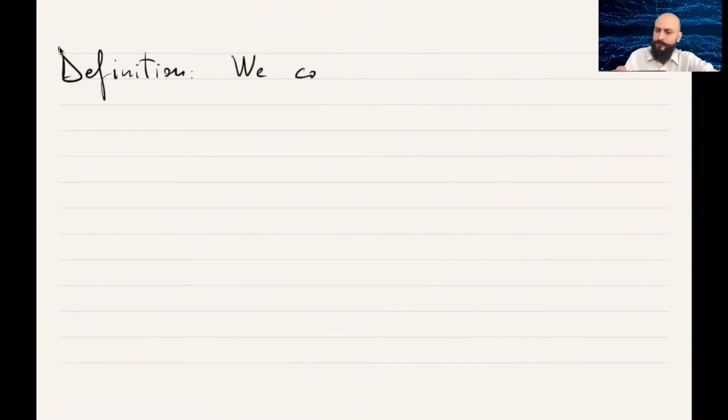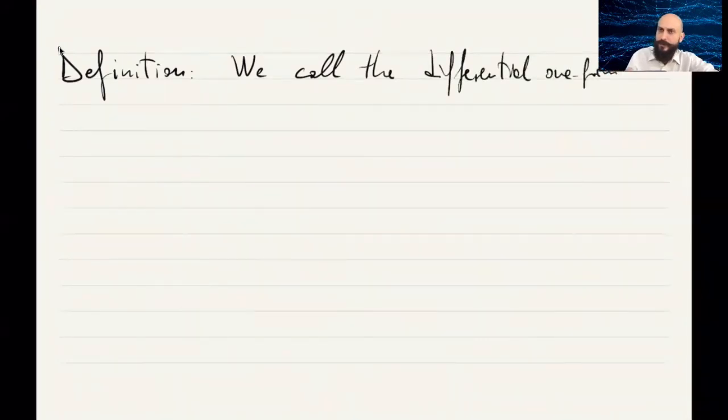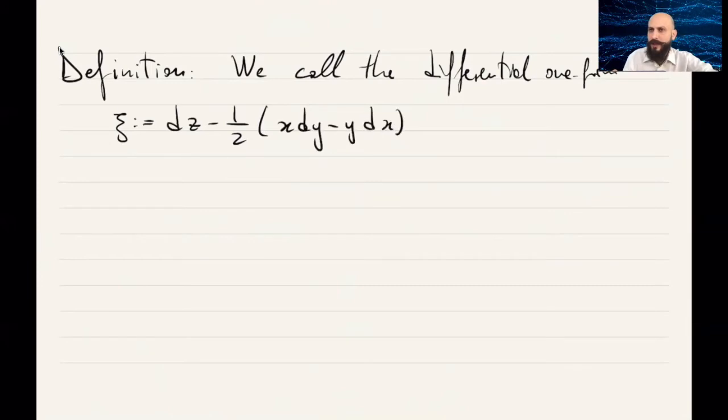We call the differential one form xi, defined as dz minus 1/2 x dy minus y dx, which in cylindrical coordinates is equal to dz minus 1/2 r squared d theta.